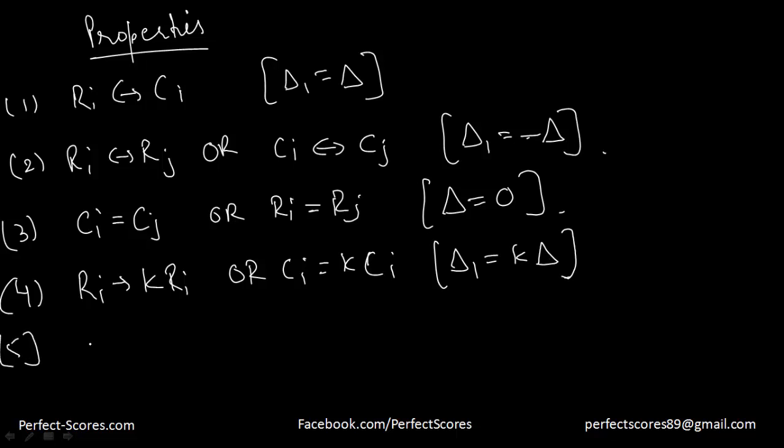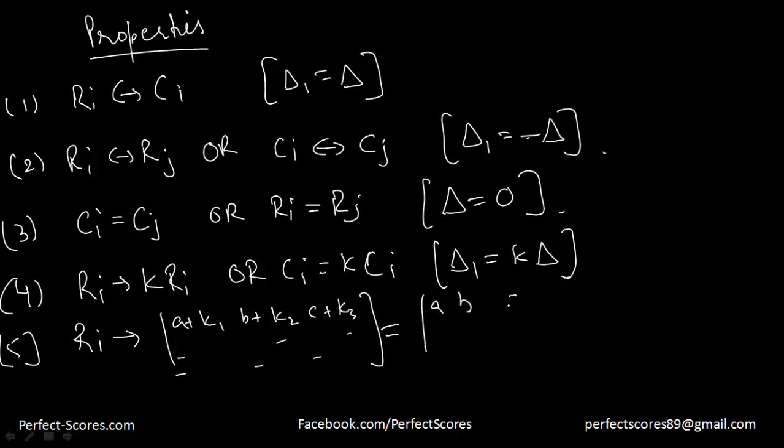The fifth property was that if you add an element to each row, let's suppose our determinant has a plus k1, b plus k2, and c plus k3, then this is going to be the determinant a, b, c and the same rows, plus the determinant k1, k2, k3 and the same rows.